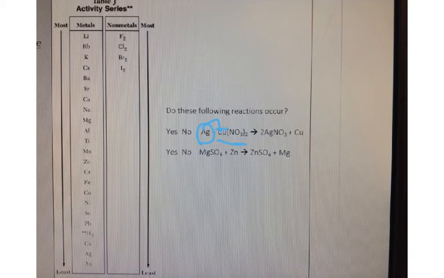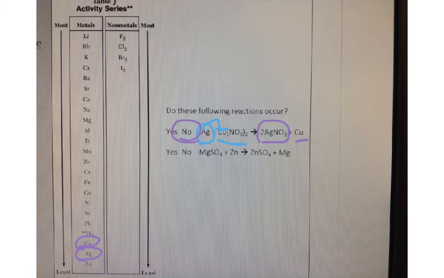Because once again, everybody wants that octet, which it would get by being a part of a compound, but Cu no longer would have that octet, so Ag would need to want it more than Cu in order for this reaction to occur. So all you need to do is look up Ag, which is right here, and it would need to be higher than Cu, which is right above it. So this reaction would not occur because Ag is not higher than Cu.